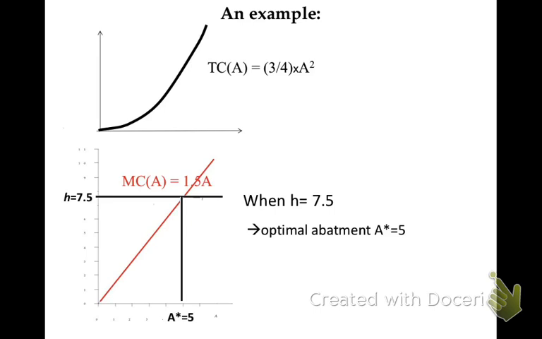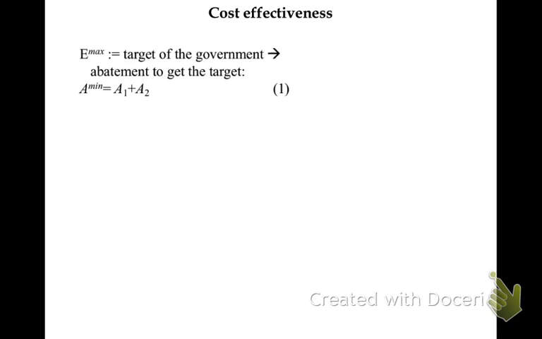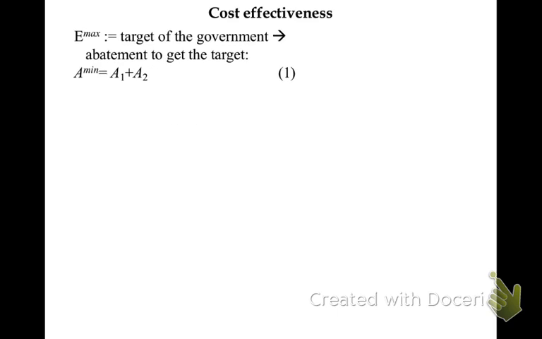So please, we can move to the issue of cost effectiveness, which is the reason why economists like these taxes on emissions. Suppose that E max is the target of the government, the maximum level of emissions that the government desires.